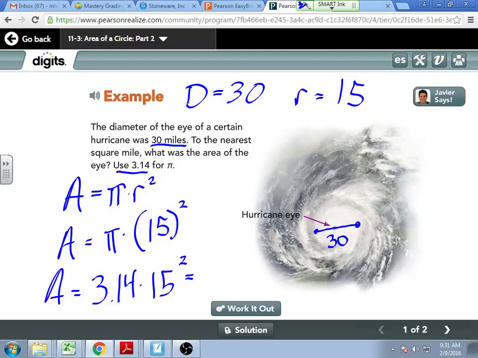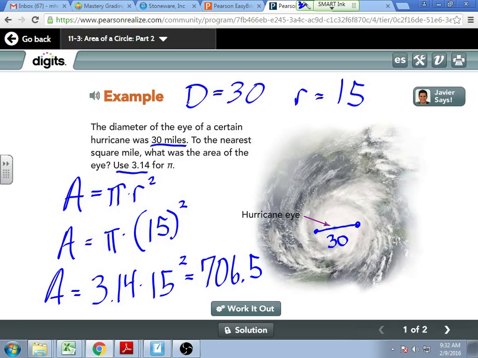What do we find the area of that to be? What is it? 706.5. Now, especially when it says use 3.14 for pi, do not use your pi button.